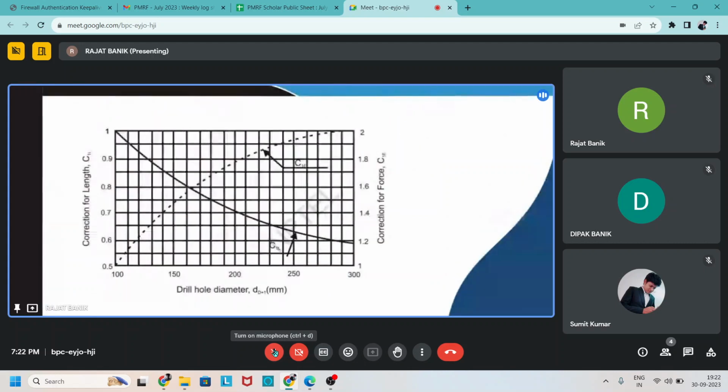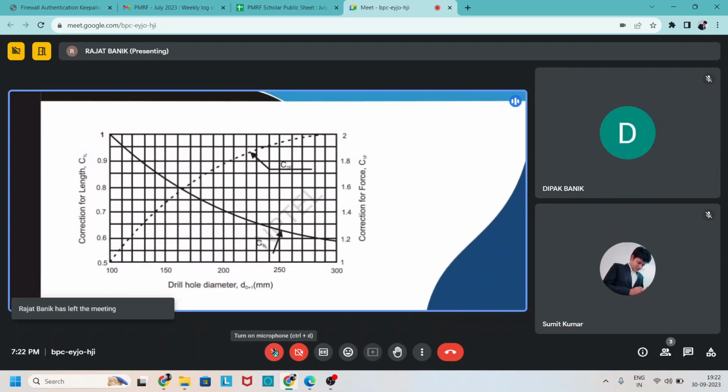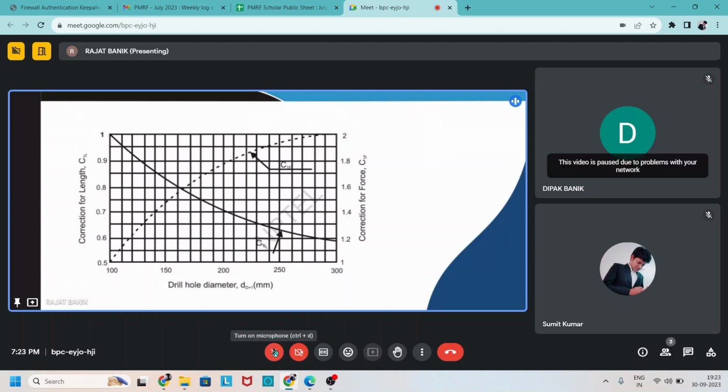After finding that, one chart is given for the correction C1L and C1F, which is for the drill hole correction. Our charts are given for a 100 bore diameter, but if we apply this chart for a different diameter, by this chart we read out the correction factor.